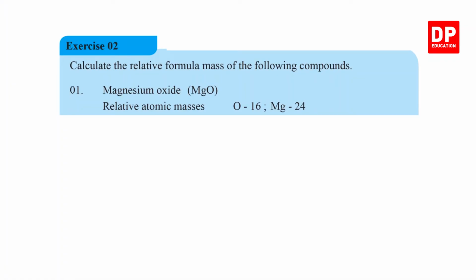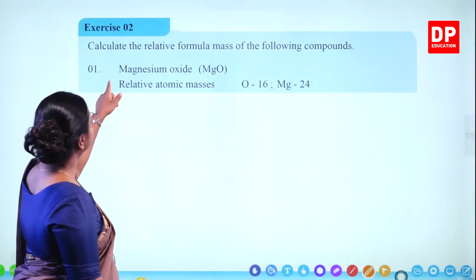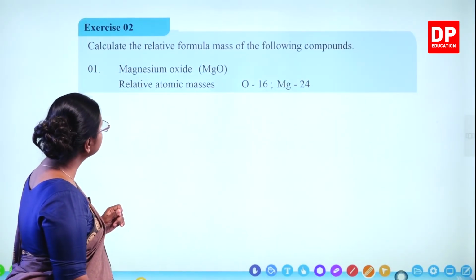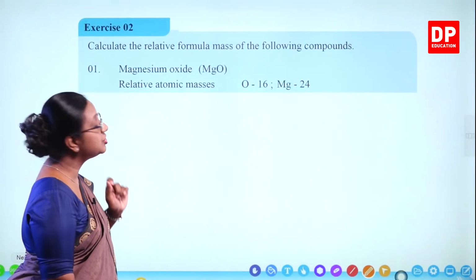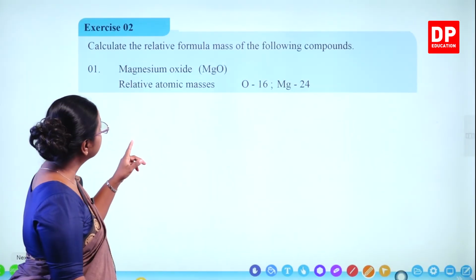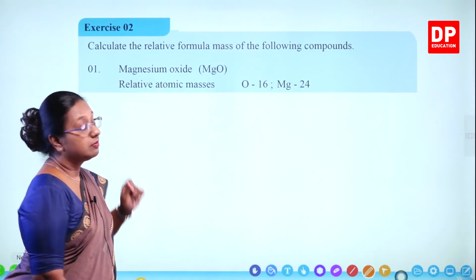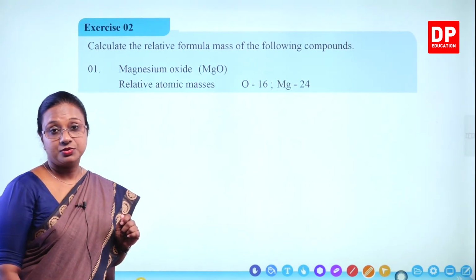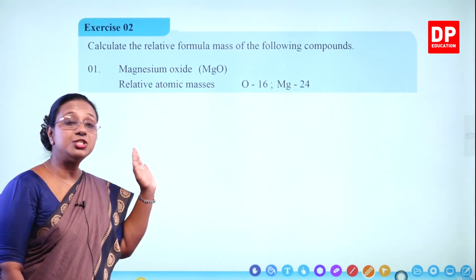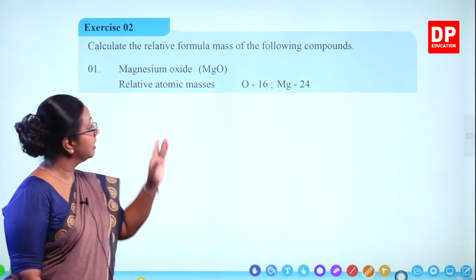Exercise 2. This is again the exercise from your textbook. Calculate the relative formula mass of the following compounds. The first one is magnesium oxide, MgO. Here again students, you all know to write the chemical formula. So here it is the ratio between the ions.